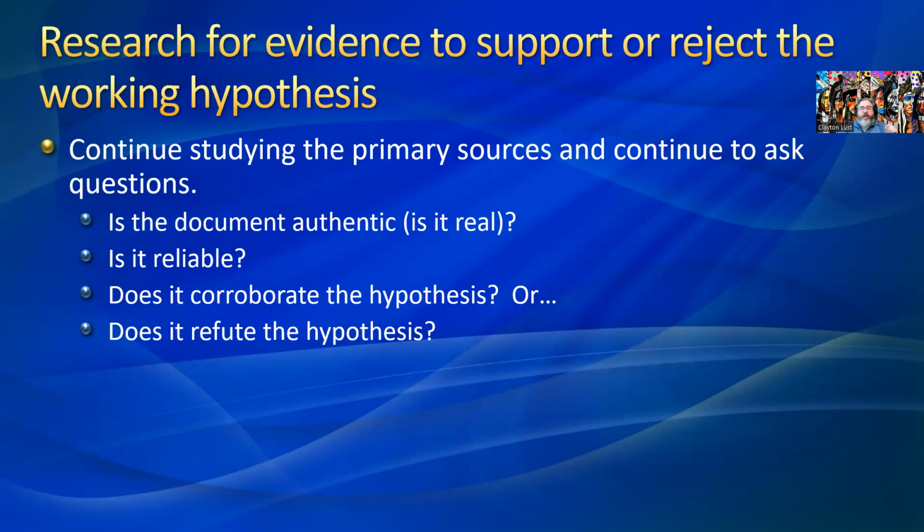One of the worst traps that historians fall into is what's called cherry picking their evidence. I believe the following to be true, or my hypothesis from the previous slide was that if I can demonstrate that women exclusively controlled the birthing process, it might be possible to demonstrate that they had greater control over domestic affairs.